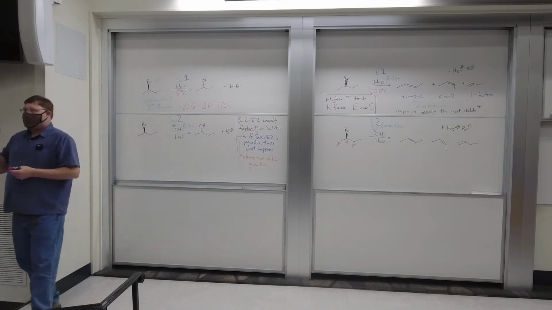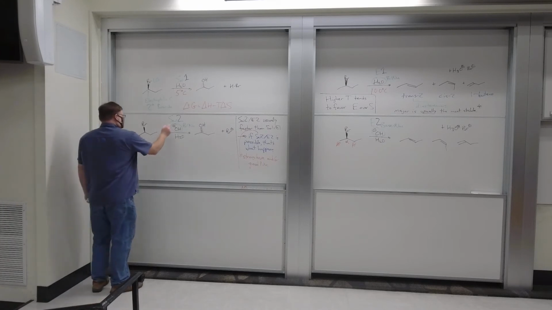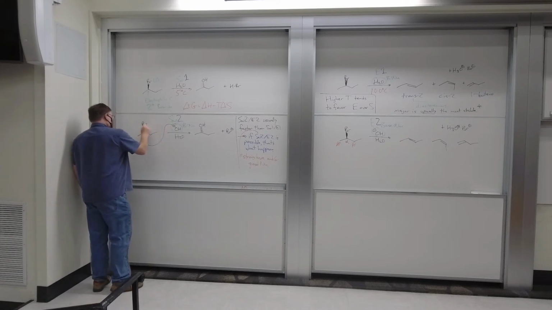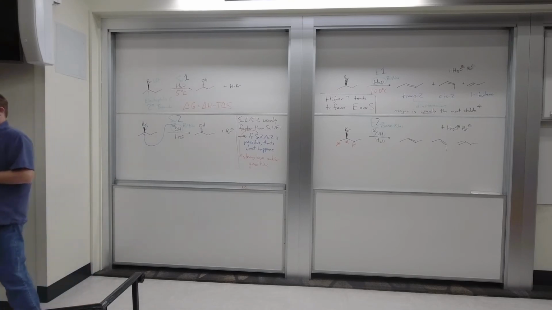Okay, so I'm going to do the SN2 mechanism. There you go. That's all. All right, the hydroxide, and that explains our bonds. You've got to make a bond between the electrophilic carbon and the oxygen.